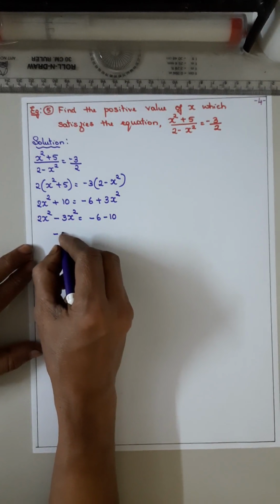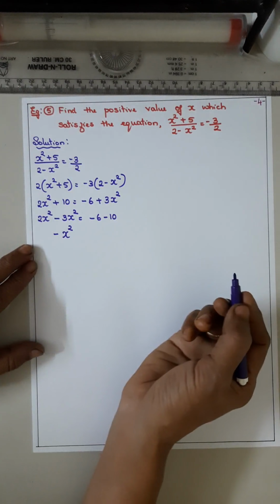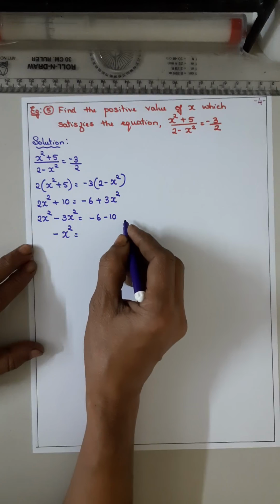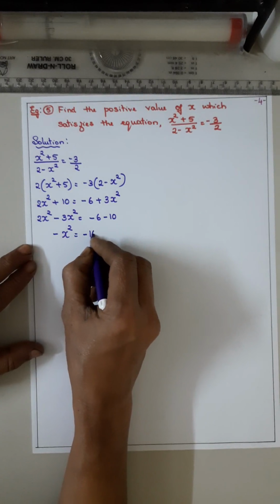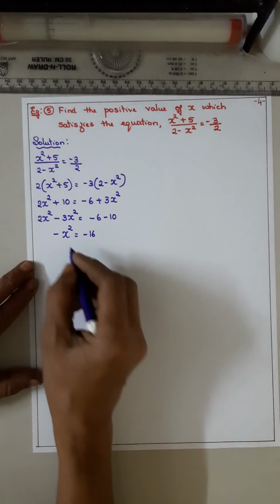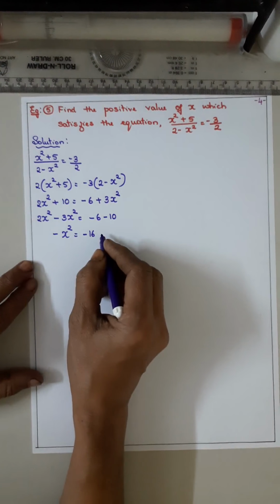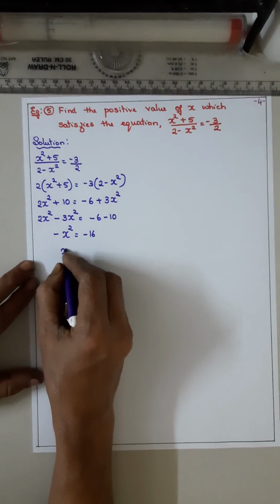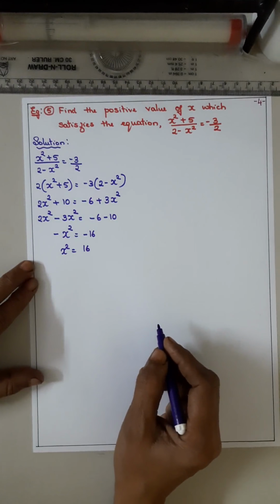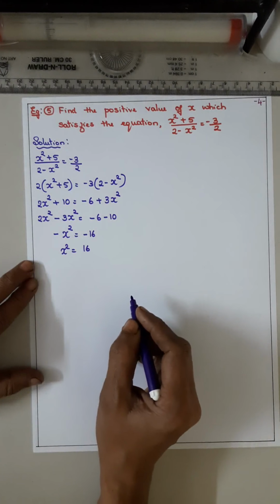We are not writing 1. Minus x squared is equal to minus 6 minus 10. कितना आया? Minus 16. Now minus x squared is equal to minus 16. So x squared will be equal to 16. अभी x squared is 16.